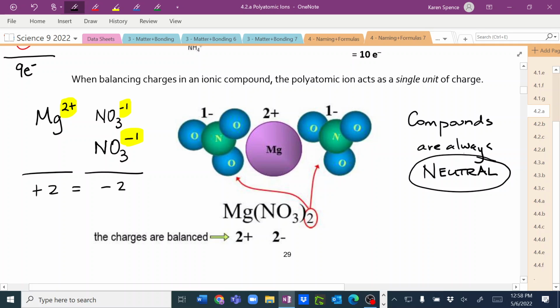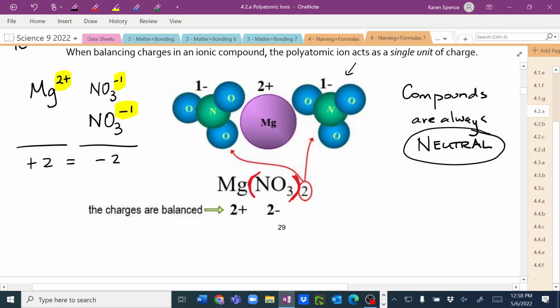So the space filling model would look like this, but if we want to write the formula, if I want to have 2 groups of NO3, I have to put brackets around that entire group to say I want 2 of this entire thing.